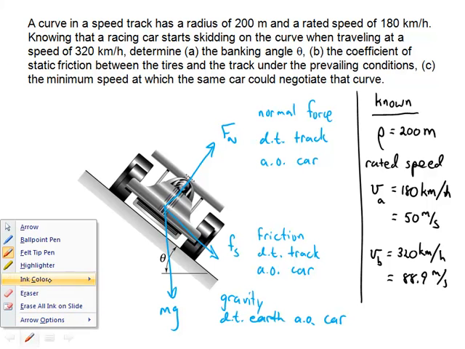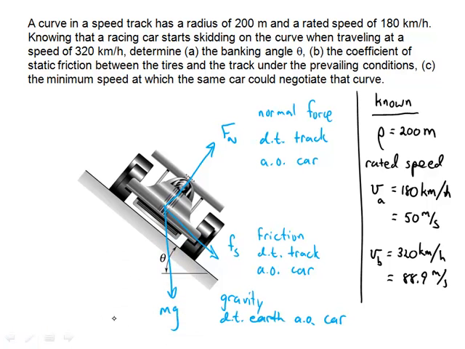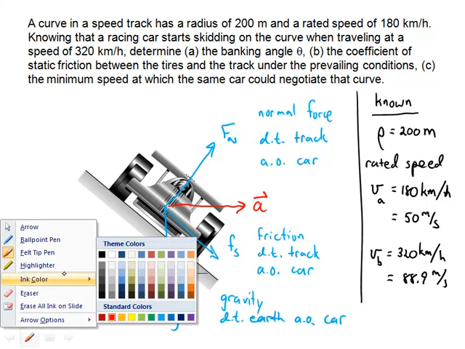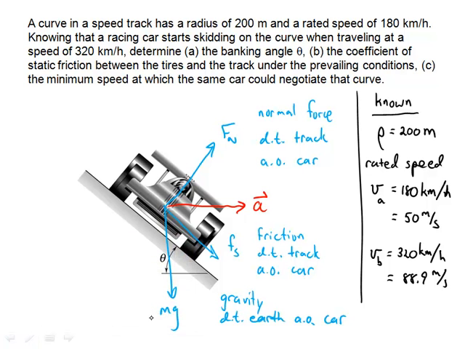I always like to know what direction the acceleration is in. So in my case, the acceleration is towards the center of curvature, and that's actually going to be in this direction. So that's the acceleration towards the center of the curve. And of course I need a coordinate axis. Now in this case, we're going to have an axis towards the center of curvature. That will be the normal.